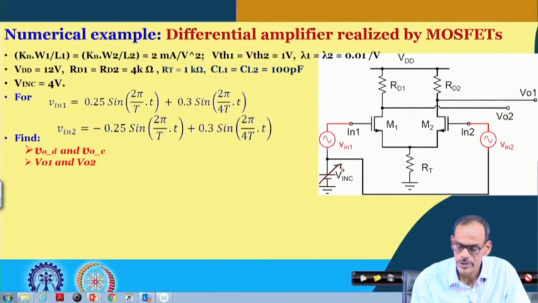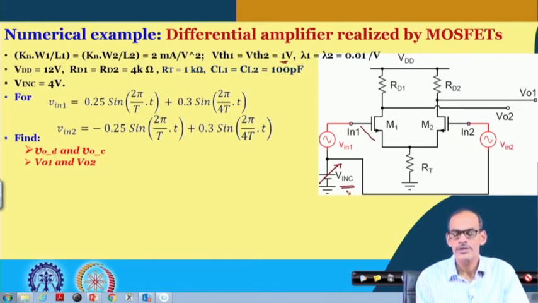Before we go into that, we would also like to see what may be the suitable range of this input common mode voltage. In fact, if you consider the threshold voltage of the devices, it is 1 volt. So, the theoretical lower limit of V in C is 1 volt, but to have some current, the voltage here should be beyond that.